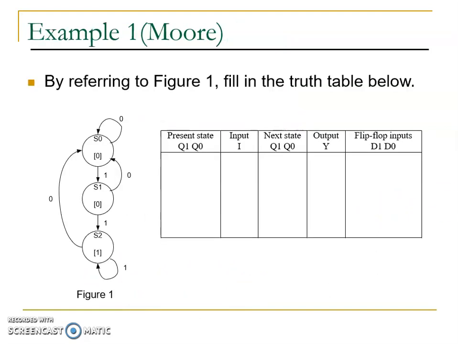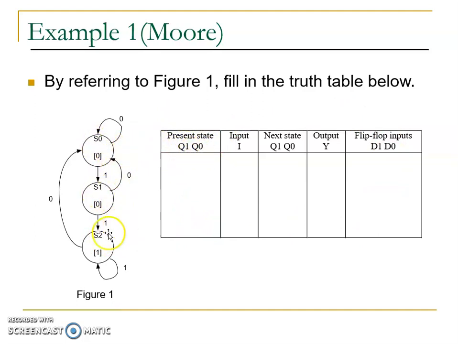Okay, next is example 1. By referring to figure 1, fill in the truth table below. This example has 3 states, which are S0, S1, and S2. So this is the table.